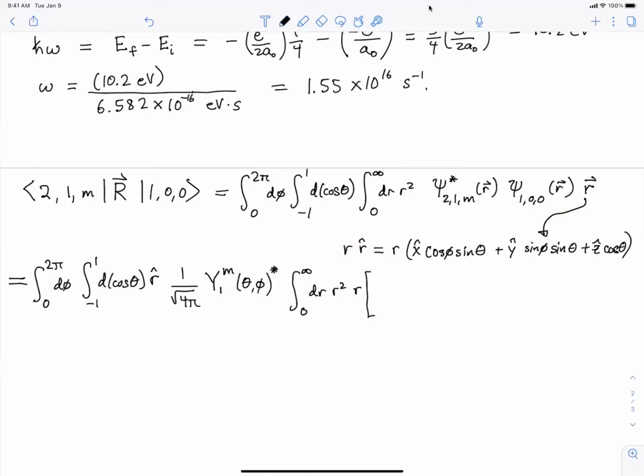And so for the 2, 1m state, it looks like this: 1 over 2 Bohr radius to the 3/2, r over Bohr radius square root of 6, e to the minus r over 2 Bohr radius. And then there is finally the same thing for the ground state of hydrogen, which is 2 over Bohr radius to the 3/2, e to the minus r over Bohr radius.